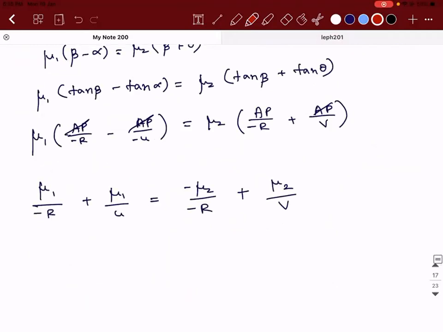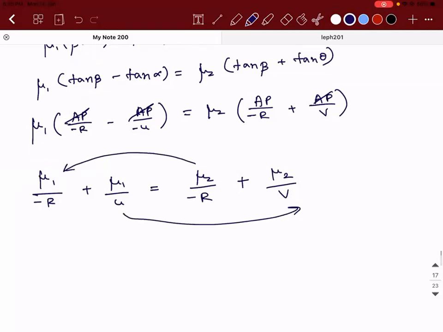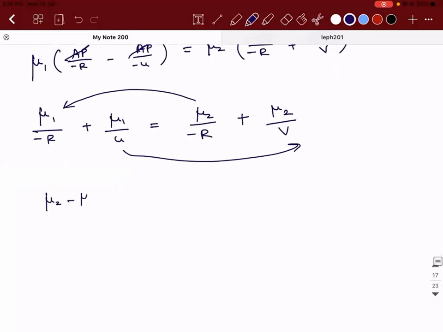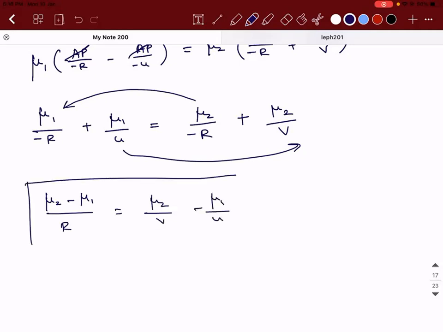When I replace with beta, I get mu2 divided by minus R. So I hope it is clear, right? Bring this mu2 by R this side and take the mu1 by V to U to the other side. You will get mu2 minus mu1 divided by R is equal to mu2 by V minus mu1 divided by U. And this is what happens for the refraction at spherical surface.